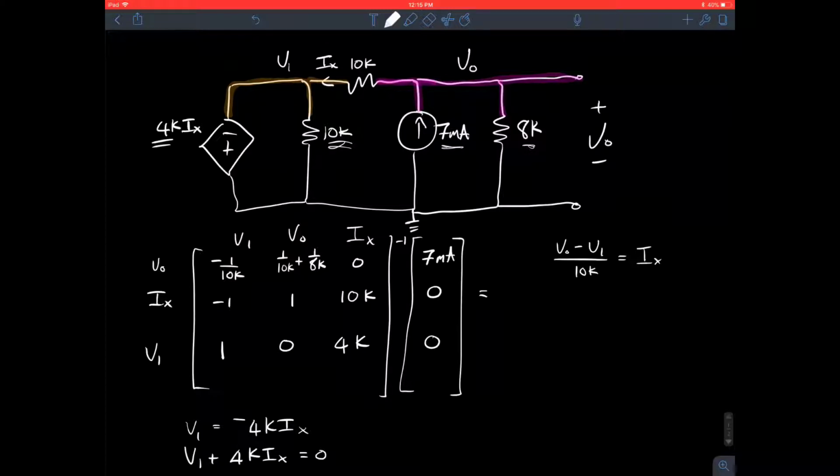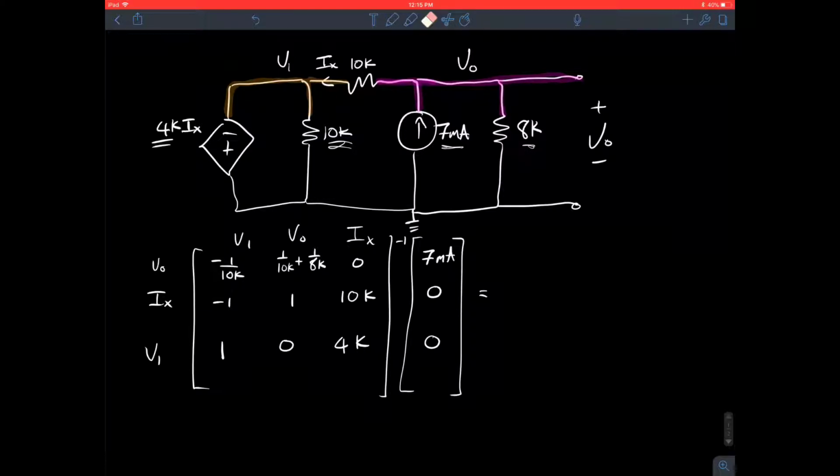Now it's very important to put all these K's in here, and the milliamps in here, because these K's can mess up your answer and give you the wrong answer. But if you put it in MATLAB really carefully, which I've already done, let me see if I can pull this up and find the answer.